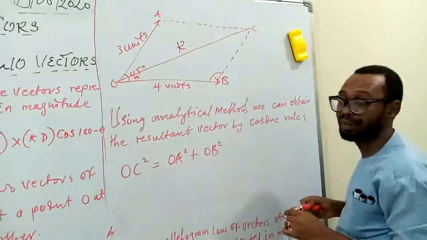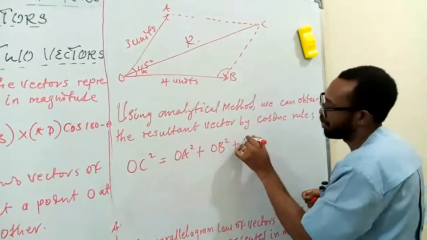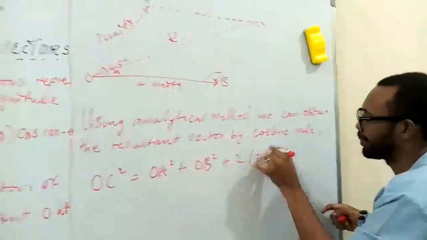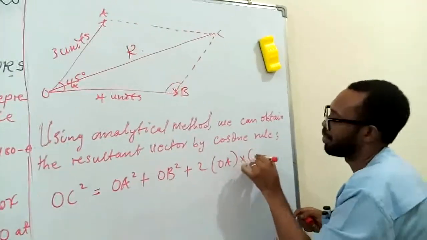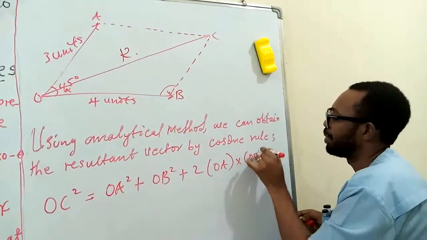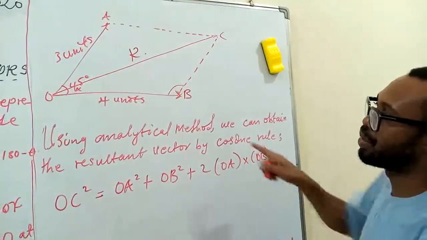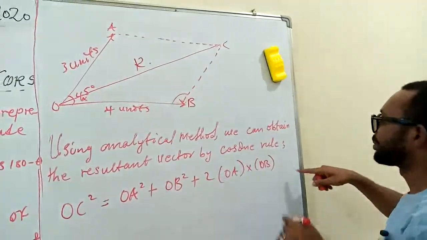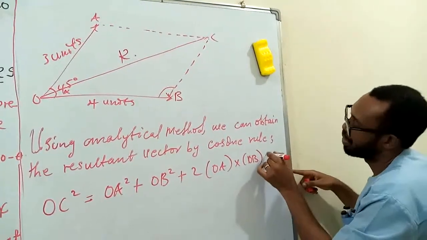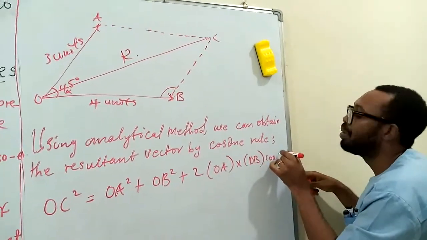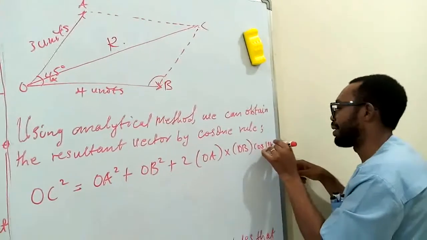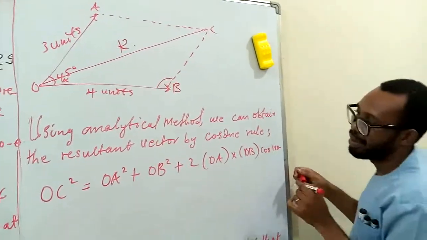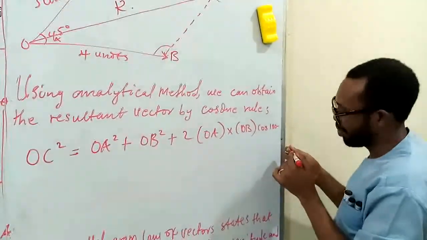Are you following? Plus 2 into OA times OB, isn't it? Into OA times OB, right? Cos 180 minus, I'll break that down.